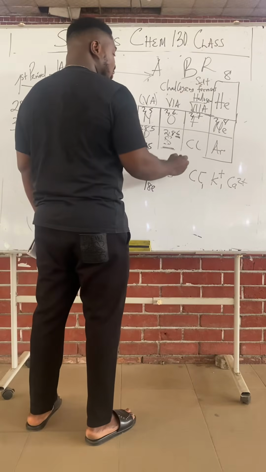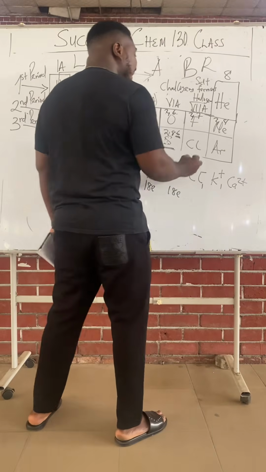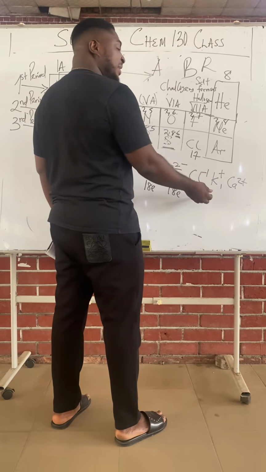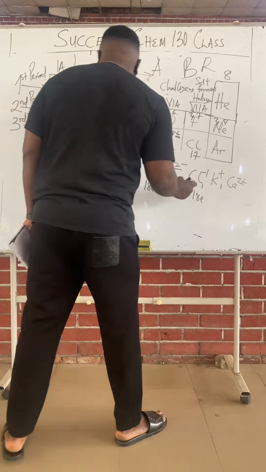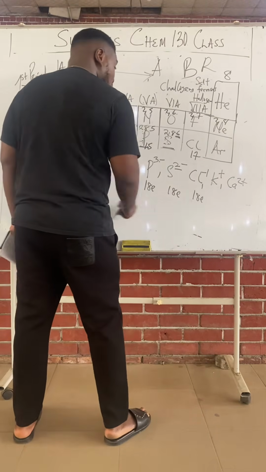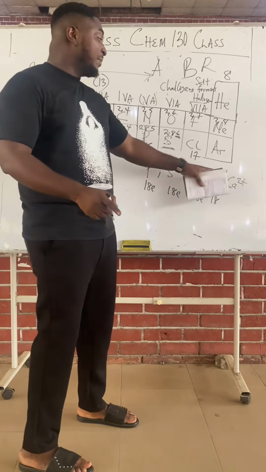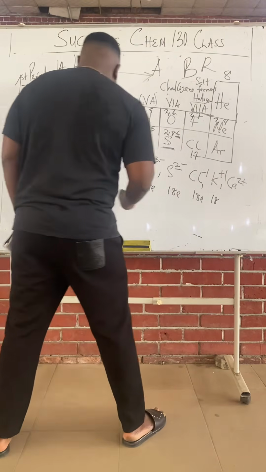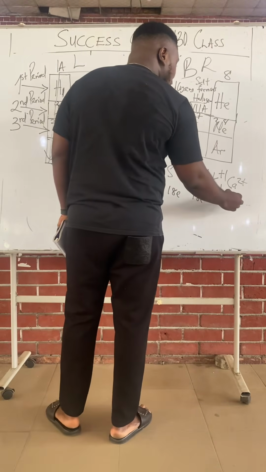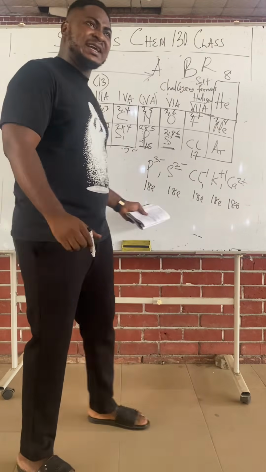Sulfur is number 16. 2 minus means it has gained 2, 16 plus 2. Cl minus, chlorine is 17. Minus 1 means it has gained 1 electron, 18 electrons. Potassium is 19, 19 minus 1. Plus 1 means you have lost 1 electron, right? Minus 1 means you have gained. Calcium is 20, but plus 2 means you have lost 2, 20 minus 2. They all have 18 electrons, so they are isoelectronic.